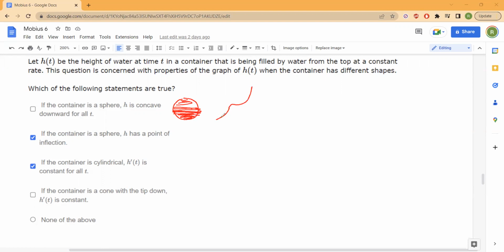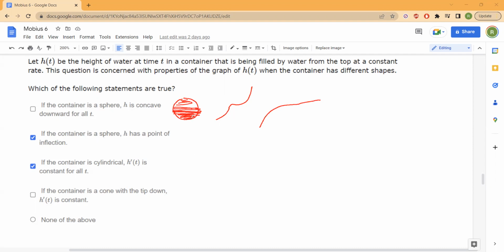So it would be concave up, then concave down, then concave up again. So it's not concave downwards all the time, it would actually change. If it was concave downwards all the time, then it would need to start real fast and then slow down, right?